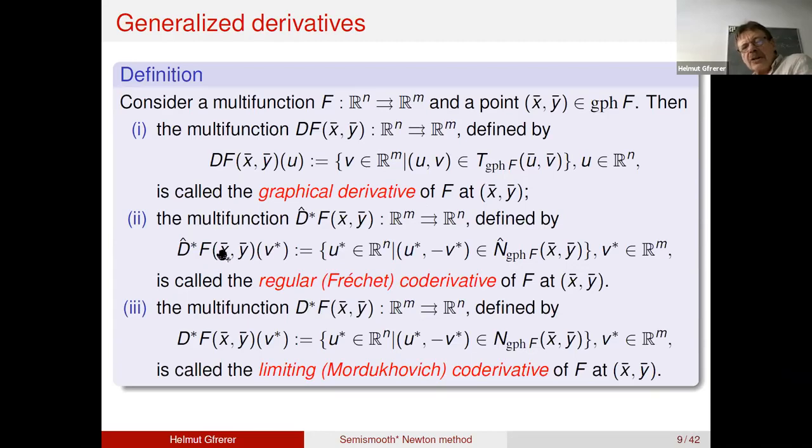The graph of the regular coderivative is defined via the regular normal cone to the graph of F. Not directly, you have to interchange the arguments and also introduce a minus sign, but essentially it is given by the regular normal cone to the graph of F. And the limiting coderivative is analogously given by the limiting normal cone to the graph of F.